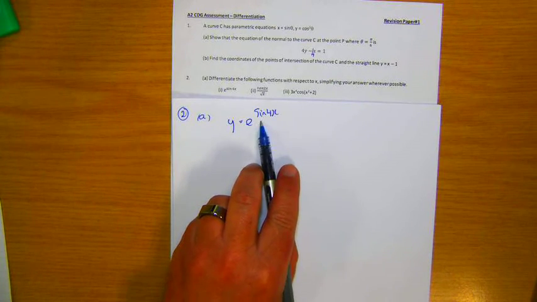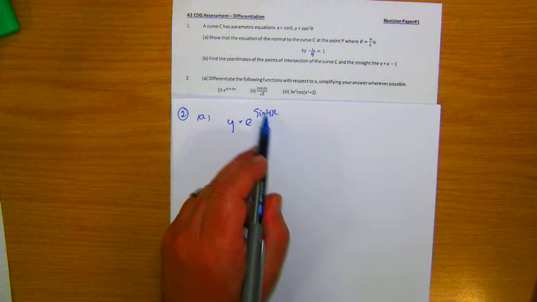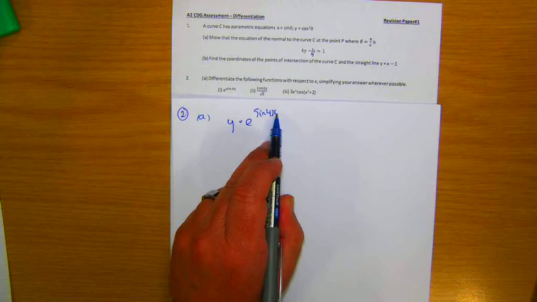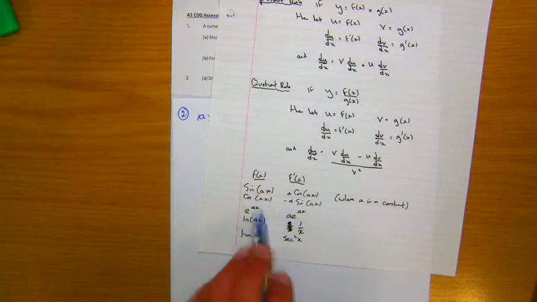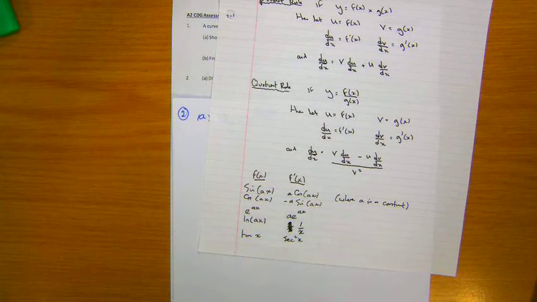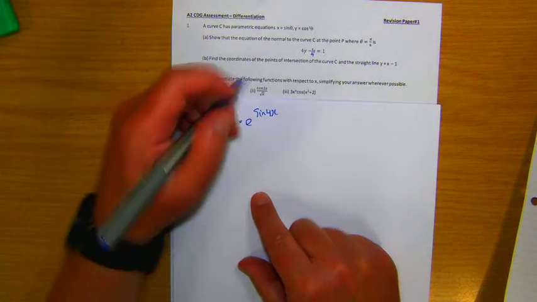So I've got a sine function tucked away inside the exponential function. Or actually, I've got a 4x tucked away inside a sine, tucked away inside an e. So there's the triple there. But because I've given it to you in the form sine ax, you can just write that down. So it's a chain rule.